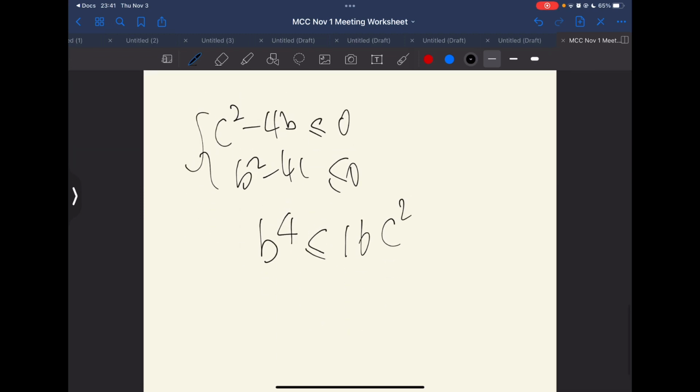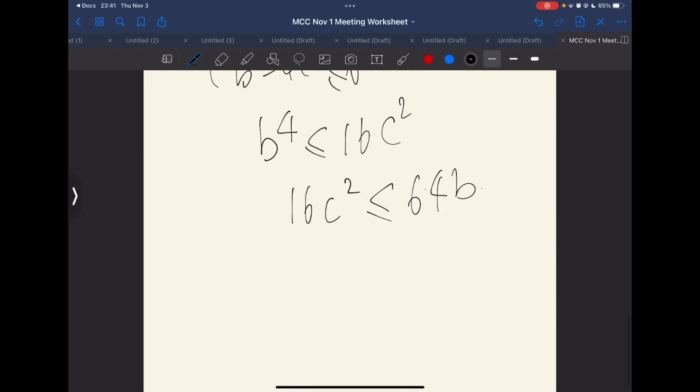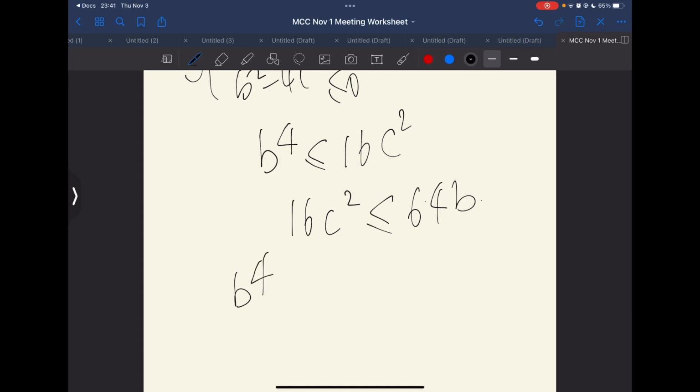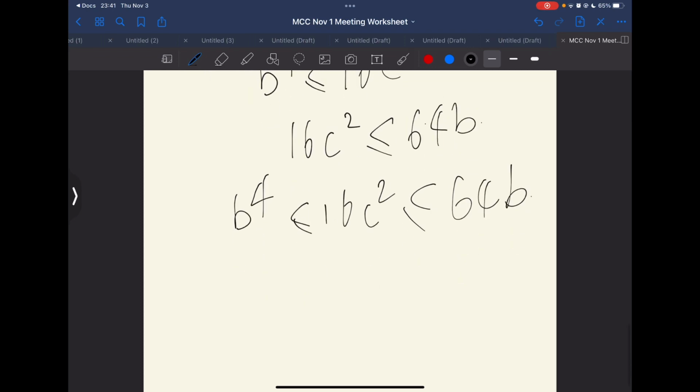And then we can multiply the first inequality by 16, and now it's 16c squared smaller than or equal to 64b. Now we know that b to the power 4 is smaller than 16c squared smaller than 64b. And we just do case by case, because b and c are positive integers.